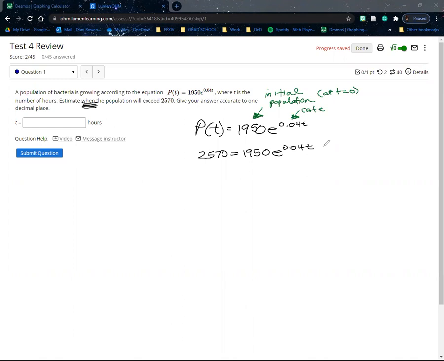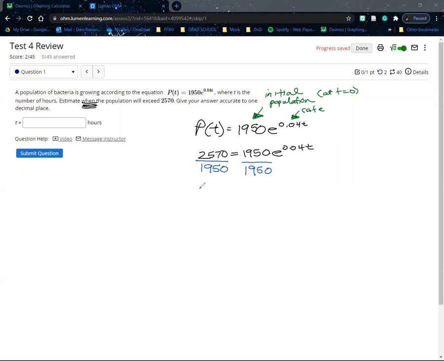What do we need to do to get t by itself? You're on the right track. We are multiplying, or in this case, because this is multiplied, we are dividing it. We got to get that e by itself.